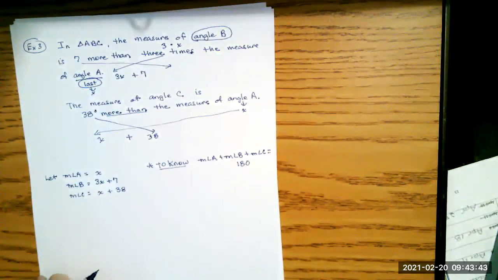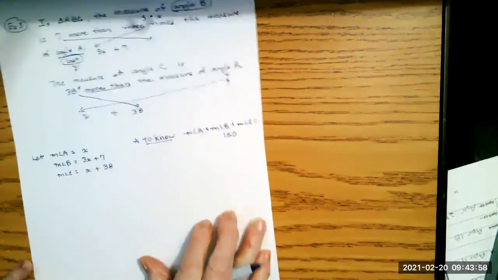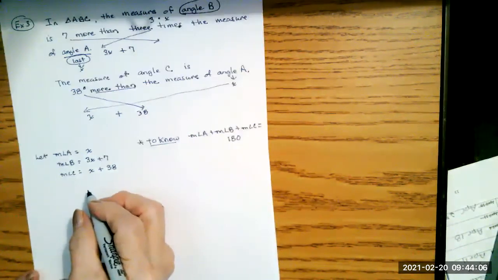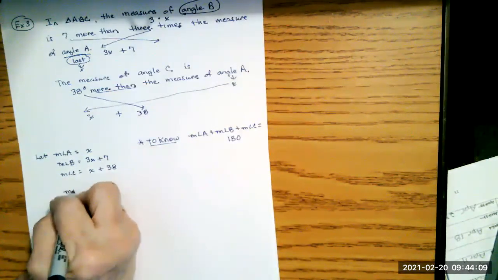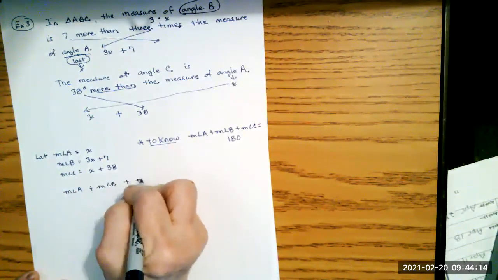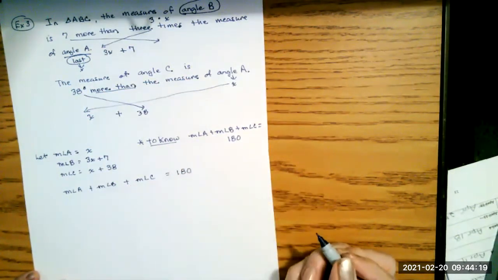Now you could make this 3 equations with 3 unknowns if you want to, by using your angle B and angle C, or you can just put all 3 of the angles added up to get the 180, and that will be a shorter problem. You can do it either way if you'd like, but in my case, what I'm going to do is add angle A, the measure of angle A, plus the measure of angle B, plus the measure of angle C, and I'm going to set it equal to 180 because that's what I need to know.